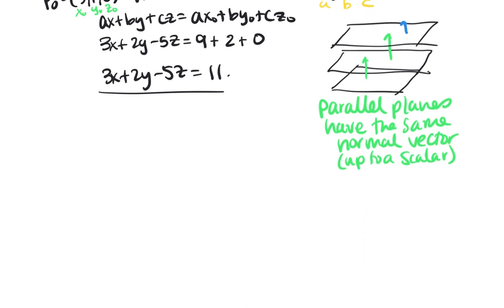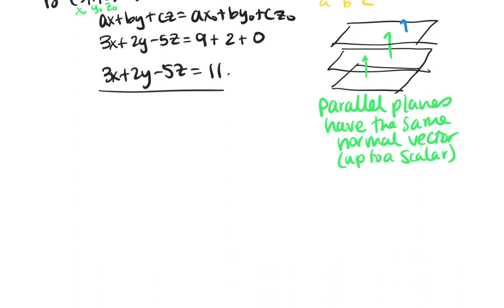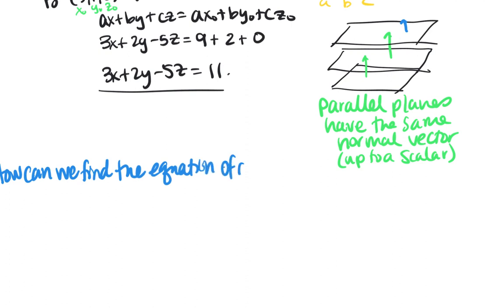So let's say that we have 3 points. How can we find the equation of a plane through 3 points?